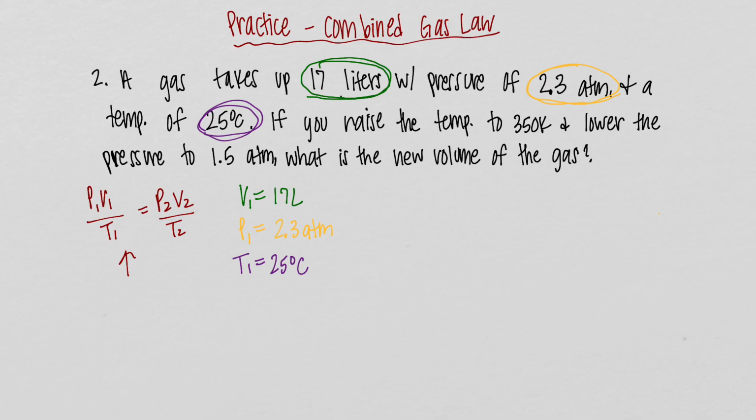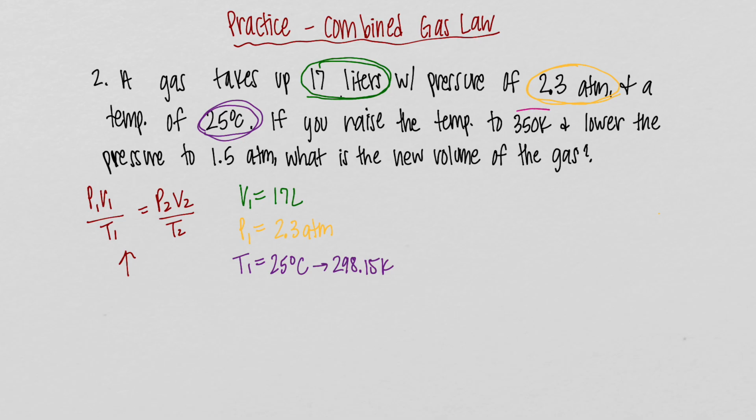Remember, the only thing here is you have to make sure you switch this to Kelvin. So that will be 25 plus 273.15, which is 298.15 Kelvin. Let's keep going and see what else we have.